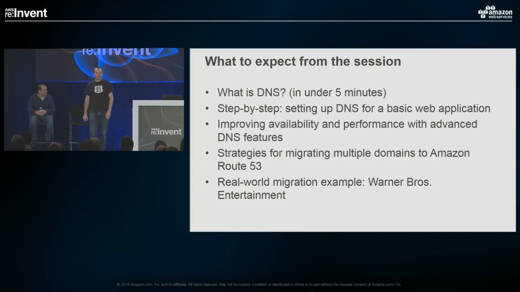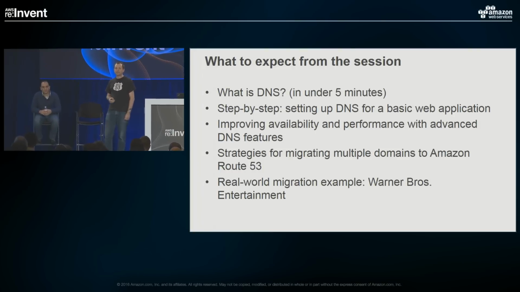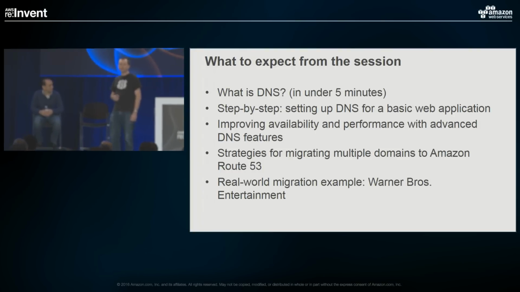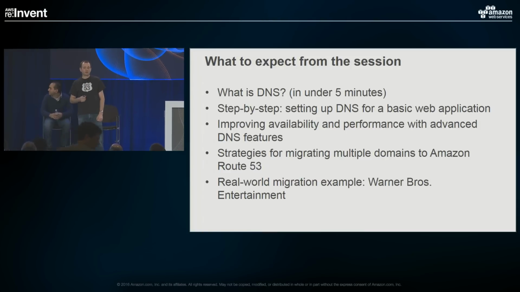So we'll start the session with hopefully a under 5-minute discussion of what is DNS. At a high level, how it works, how it connects your users or your clients to your servers and to your applications. Again, what you need to know without going overboard. We'll talk then step by step of what you need to do to get DNS working to connect a user to your first application in AWS.